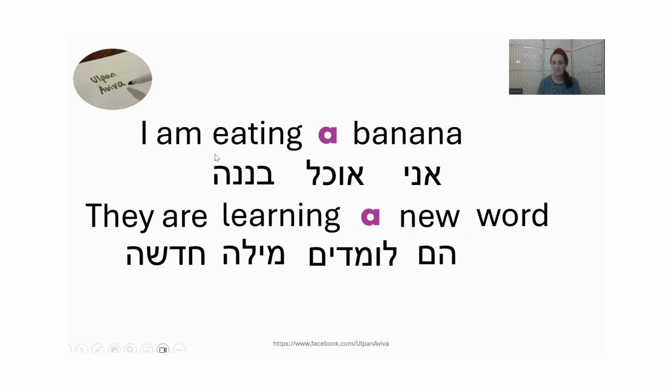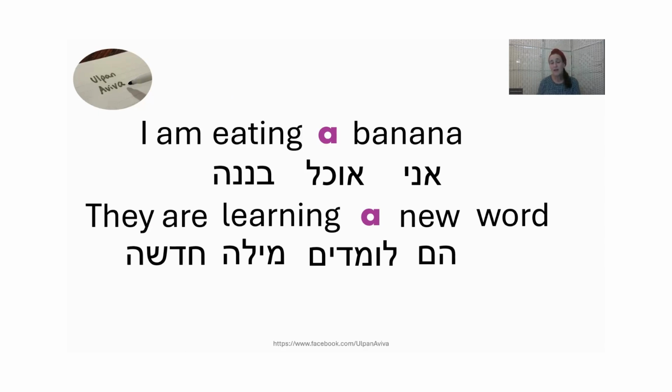So in English, I am eating a banana, but in Hebrew, ani ochel banana. In English, they are learning a new word, but in Hebrew, hem lomdim milah chadasha. There is no parallel to a in Hebrew. Well, that was great. We had a nice little English lesson. Now let's see why I've gone through all this.